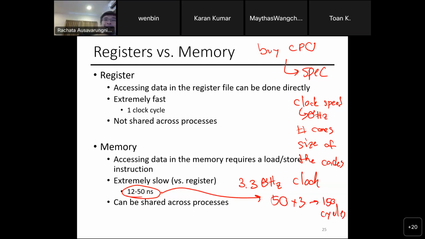If you want to access the register file, it takes 1 cycle. If you want to access something in the memory, it can take from 36 to 150 cycles and more. Which one is faster, the register or the memory?